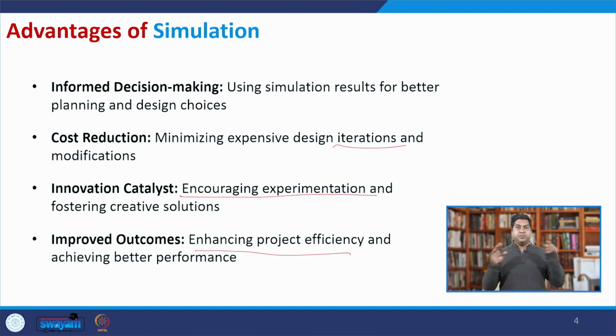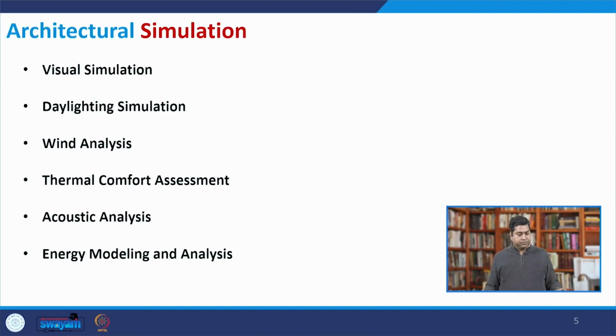If you see that the size of the window has to be changed, if the material of the window has to be changed, or if the orientation requires you to add certain shading devices for lowering the heating in, say, the southwest of the world in such a climate, those kinds of changes you can do very quickly in simulation. Obviously you should understand the software. You need to understand all these basic parameters, and only then can you make those decisions to come up with better improved outcomes.